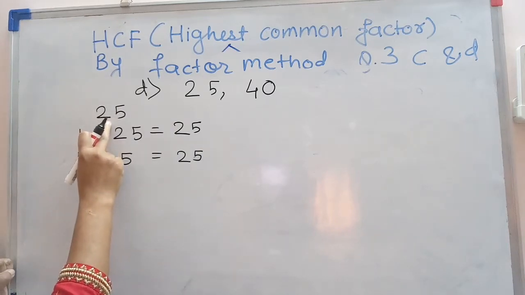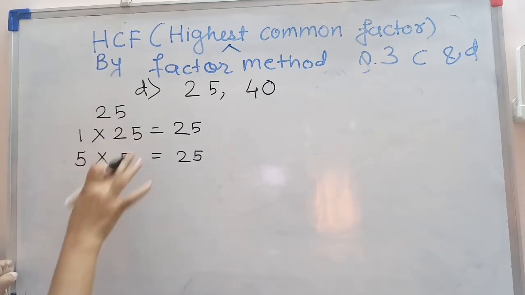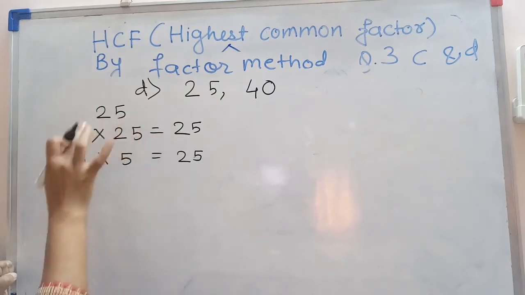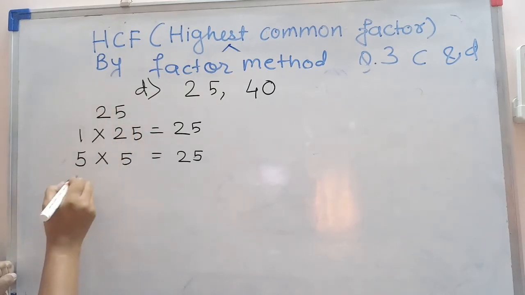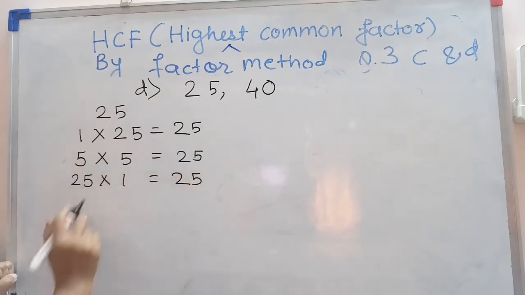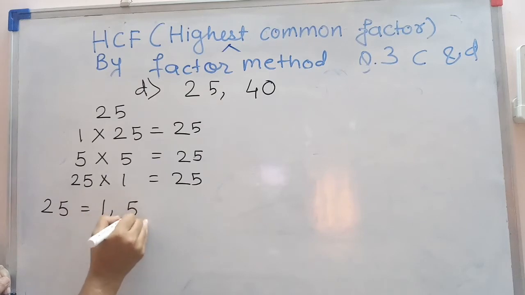Then it is not divisible by 6, 7, 8, 9, 10, 11, 12, 13, 14. It comes in the number itself, that is 25 multiplied by 1 is 25. So here we got the factors of 25 are 1, 5 and 25.